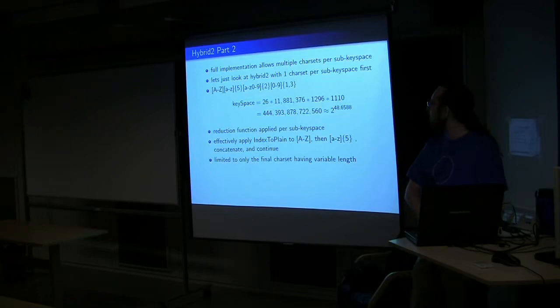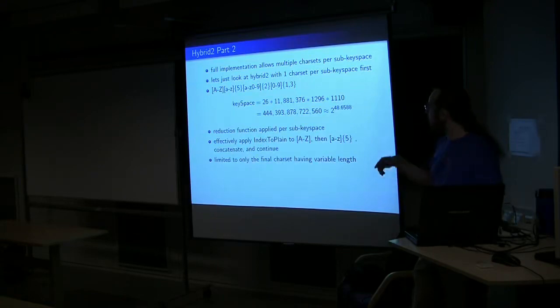Okay, so the full implementation allows multiple character sets per sub-key space, but we're going to just take a look at the one that's the simplest first, which is the one that we're doing. And simply, you take the key space of each sub-key space, and you end up with the total key space.